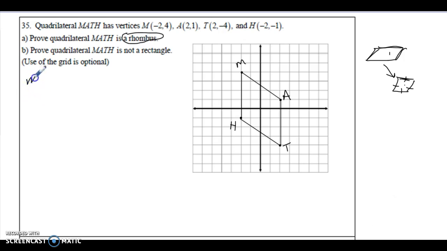Let's start with the slope of MH. It's important that you keep your work organized. MH and AT I'm going to do together because I think those ones look parallel. Since it's a completely vertical line, the slope of MH is undefined, and AT is also undefined.